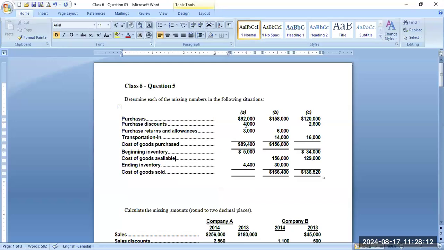Then add the transportation cost. Then add the beginning inventory, get the available, minus the ending inventory, that will be negative, get the cost of goods sold. This is the calculation, again, of cost of goods sold under the periodic system.